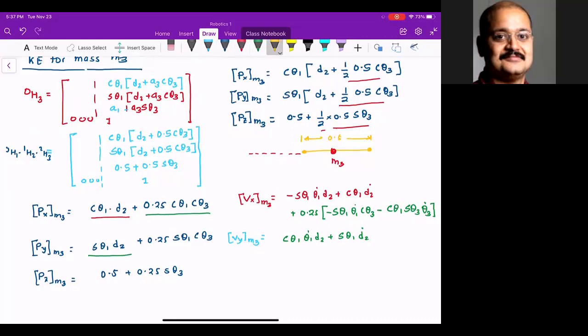The second term is plus 0.25, sine theta becomes cosine theta 1 dot cosine theta 3, minus sine theta 1 sine theta 3 theta 3 dot.